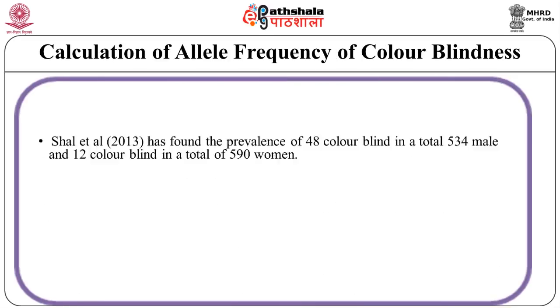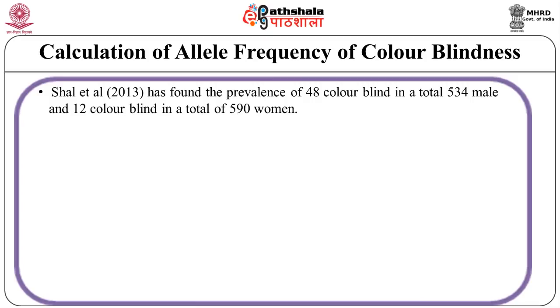You are now going to understand how to calculate allele frequency for color blindness. Let's look at this question. Shah et al., in their study in 2013, found the prevalence of 48 colorblind people in a total of 534 males and 12 colorblind females in a total of 590 women.